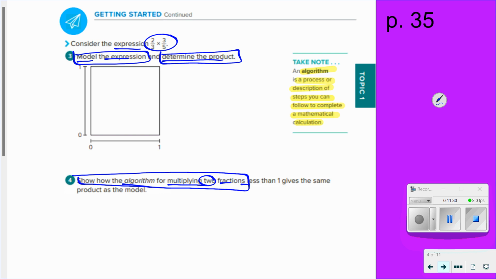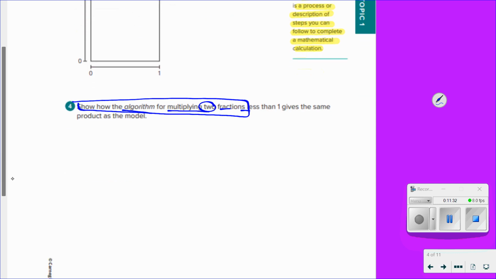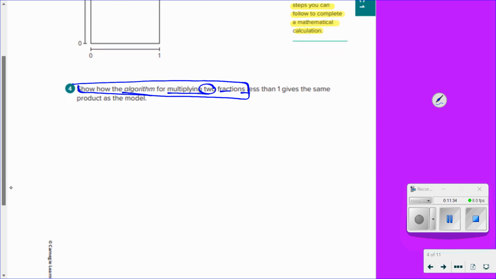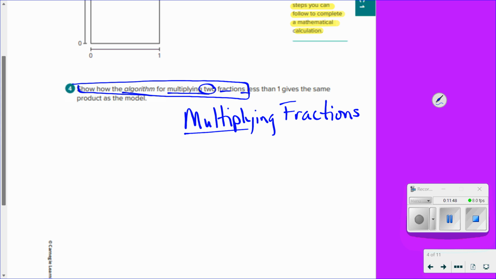Okay, so Keegan, don't write it down. The rest of you, please write this down. We're going to let Keegan just struggle because he doesn't want to follow along. We're going to write this. Normally, we label our algorithms is what we're doing. In this case, multiplying fractions. Guys, this is the easiest thing we can do with fractions. 3 easy steps.